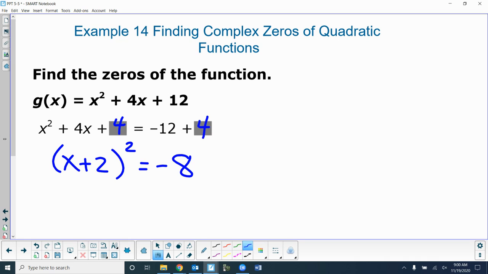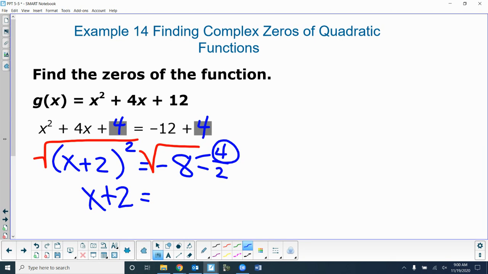Okay? Now we take the square root. So that's just x plus 2 on the left. That's a 4 times a 2. What can I pull out front? The 2. What else, since it's negative? And what's left? The 2, right? What goes in front of this answer?